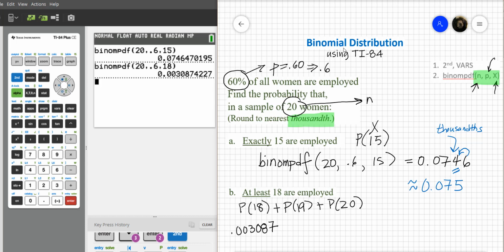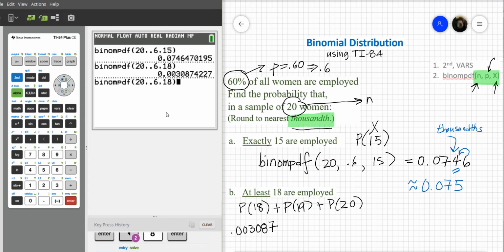The probability of exactly 18 in this scenario would be 0.003087. And I'll write down more than to the thousandths place. Better to take more and round later. Then for probability of exactly 19, again I'll do second, enter, change the 18 to 19, enter. And this is a very small number. This is in scientific notation.